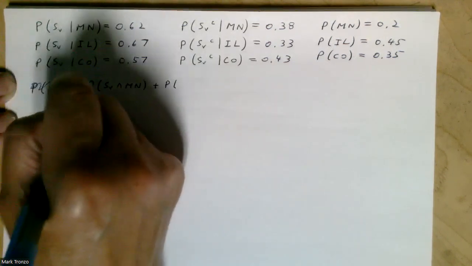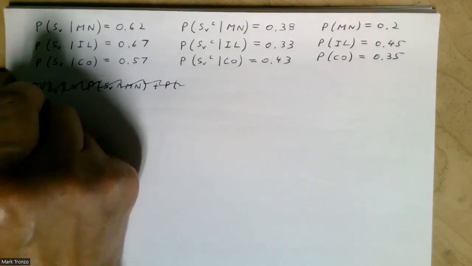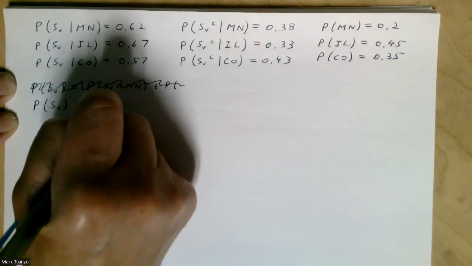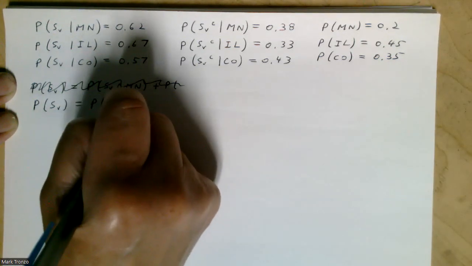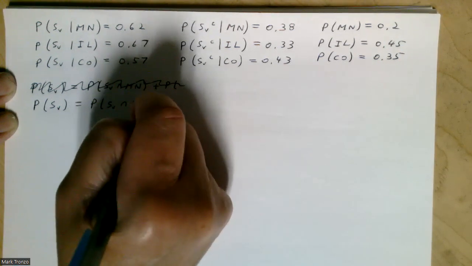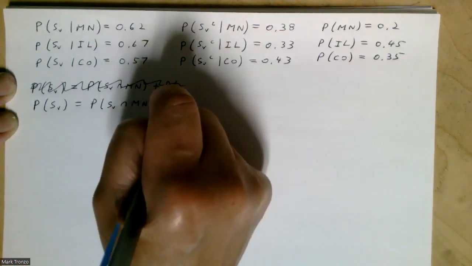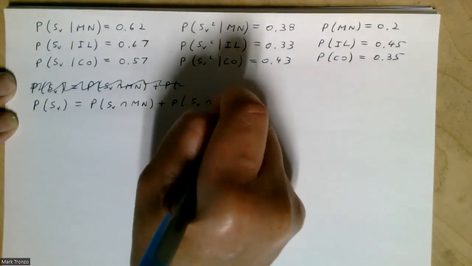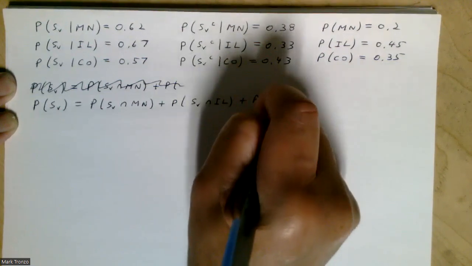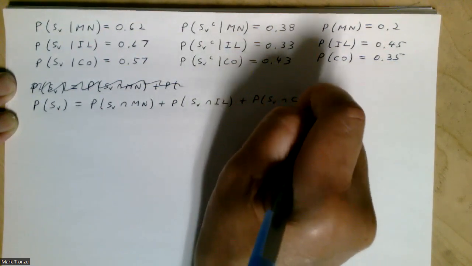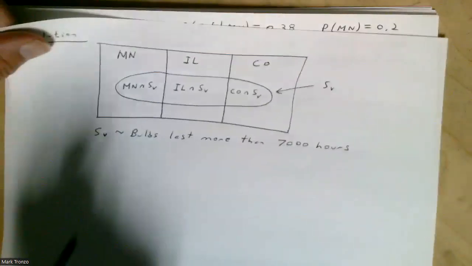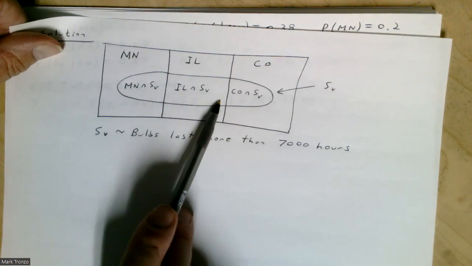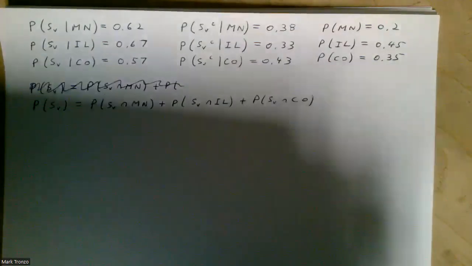Let me fix that, sorry. Probability of SV is going to be probability of SV intersect Minnesota plus the probability of SV intersect Illinois plus probability of SV intersect Colorado. Again, I'm just taking the union of these, and since they're mutually exclusive, I can change that to sums.